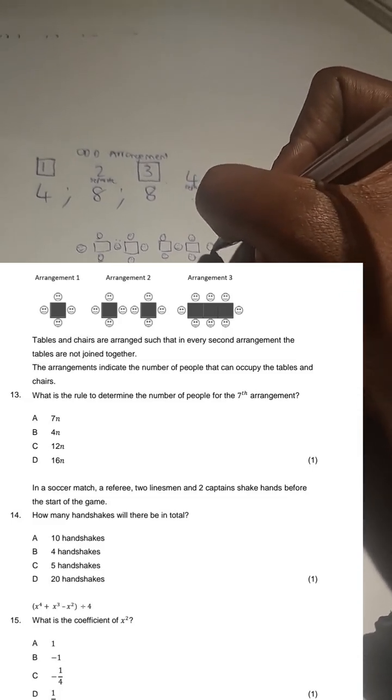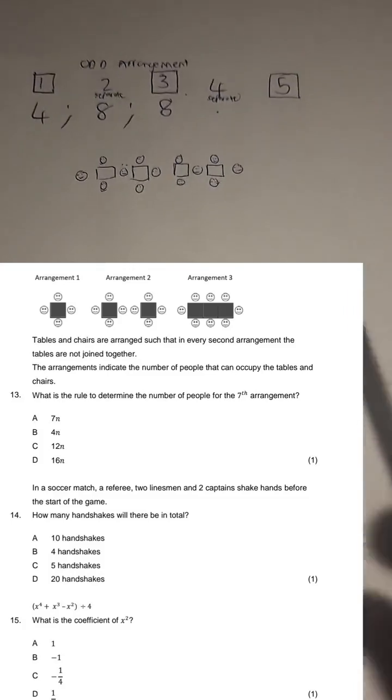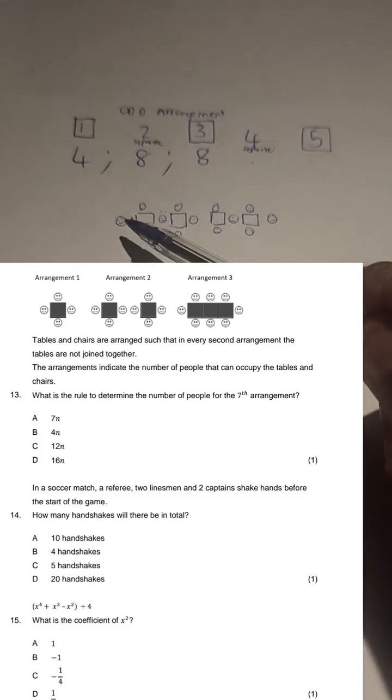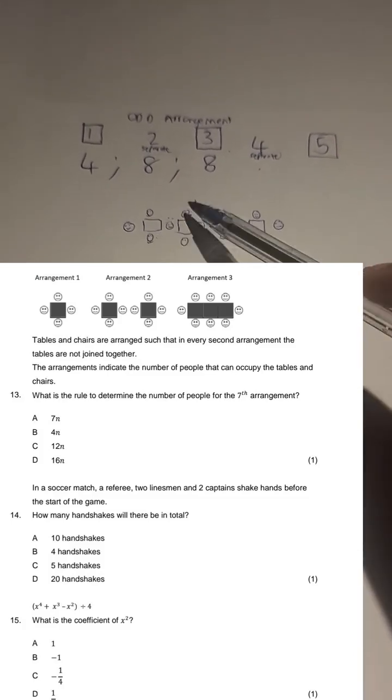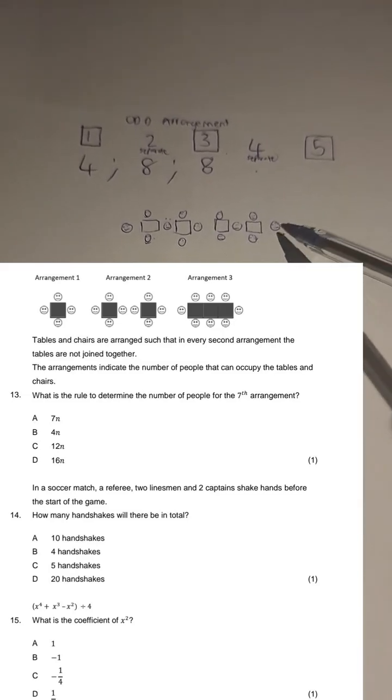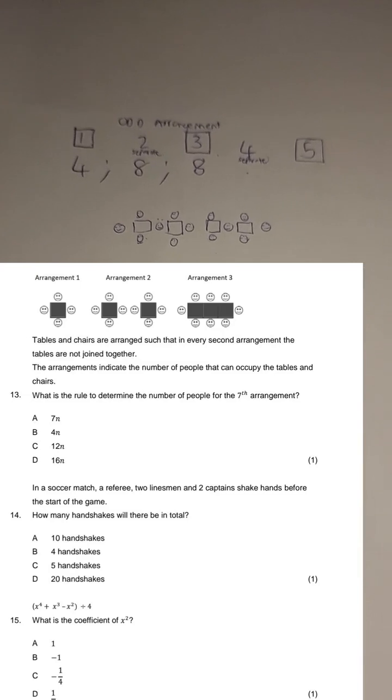Okay, do you see? So how many people are there seated? 1, 2, 3, 4, 5, 6, 7, 8, 9, 10, 11, 12, 13. Is that true?